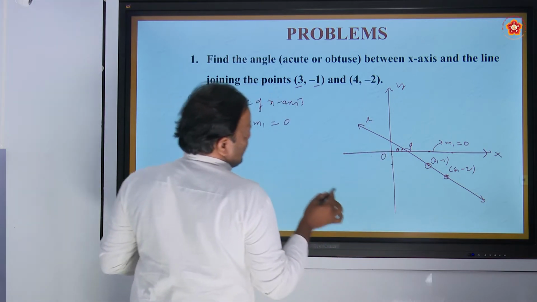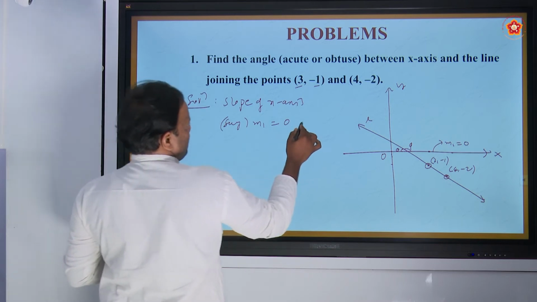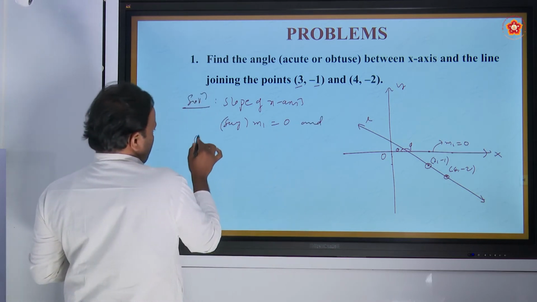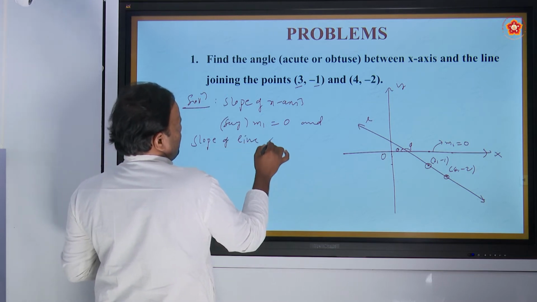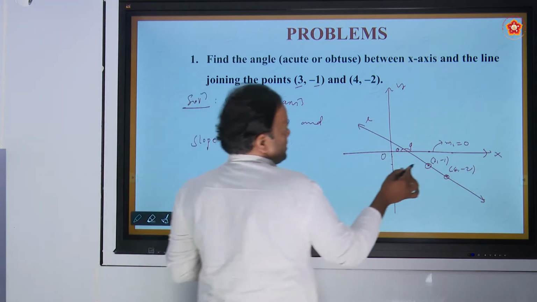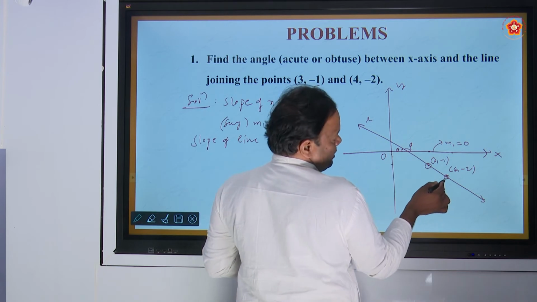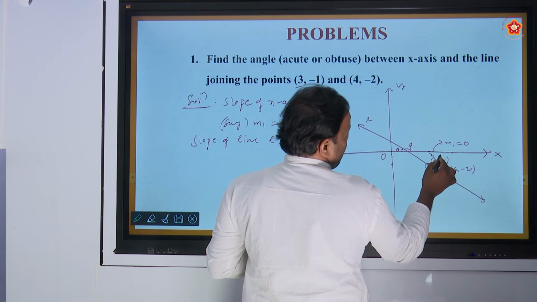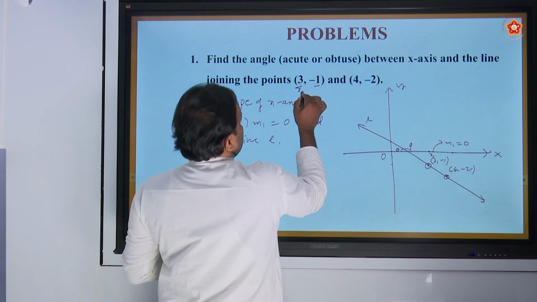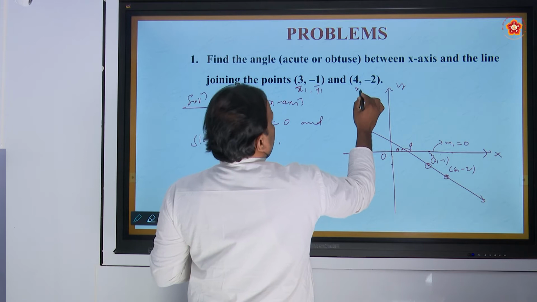What is the slope of line L? We are given two points, so we can find the slope using the two point formula, with the points x1, y1 and x2, y2.